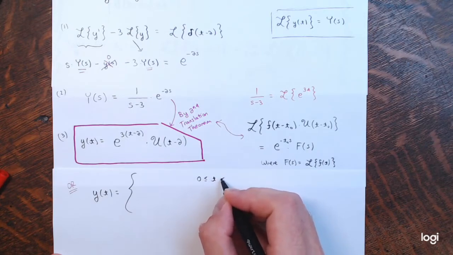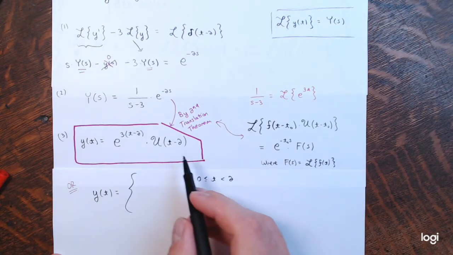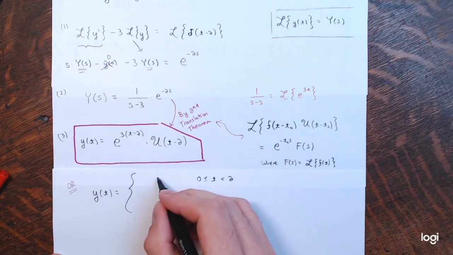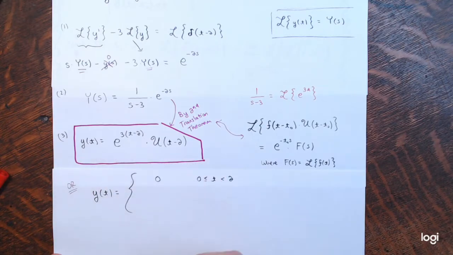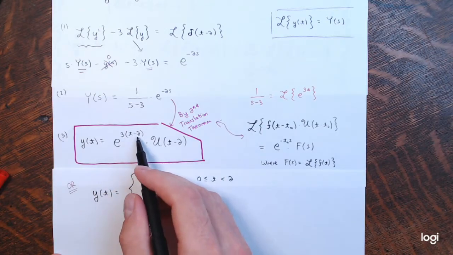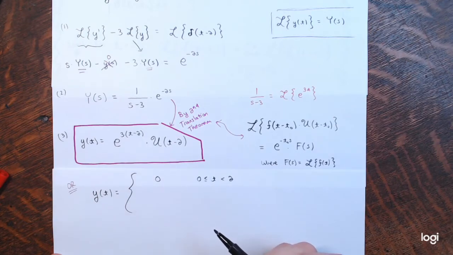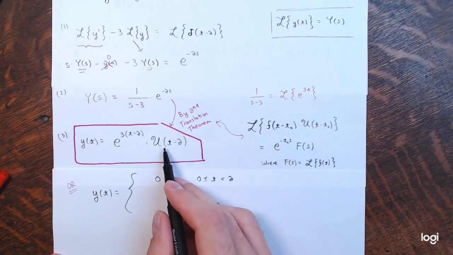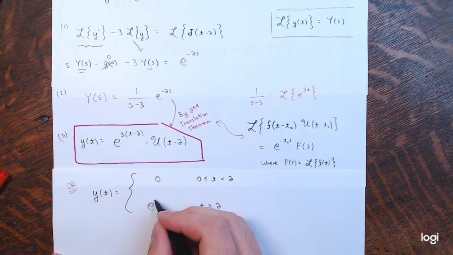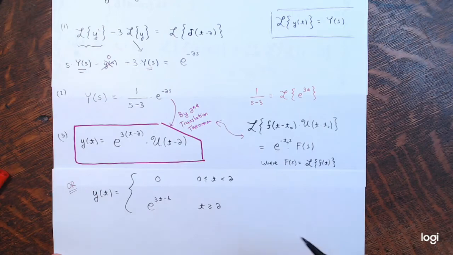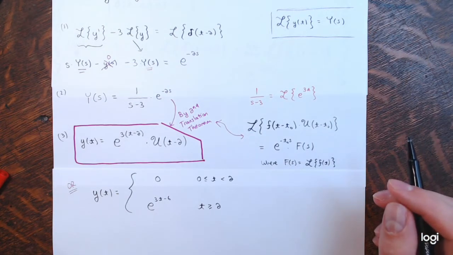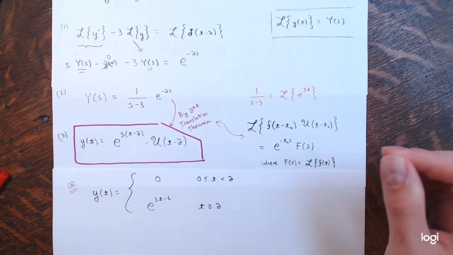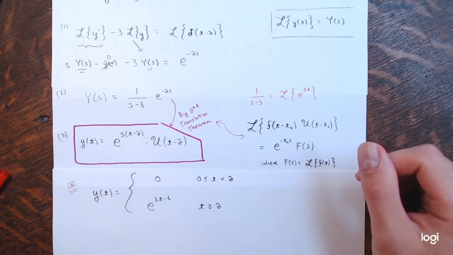So if t is between 0 and 2, remember the value of the unit step function between 0 and 2 would be 0. So you'd have 0 times e to the 3t minus 6 if you distribute the 3. And then for t greater than or equal to 2, the value of the unit step function would be 1. So it'd be e to the 3t minus 6, or 3 times t minus 2. Okay. So same thing. These are representing the same kind of function.